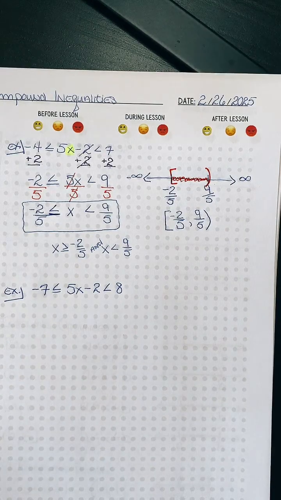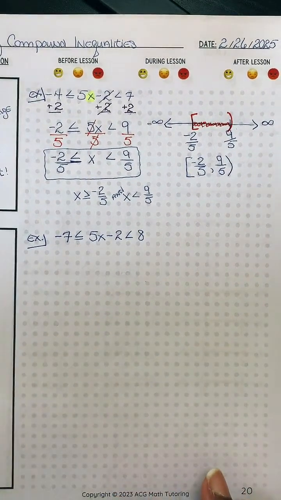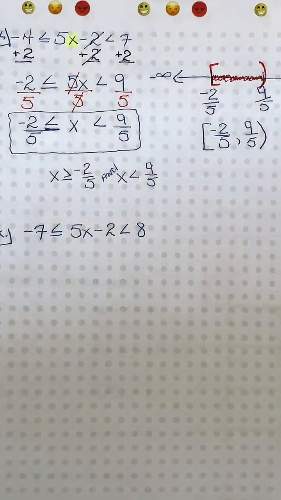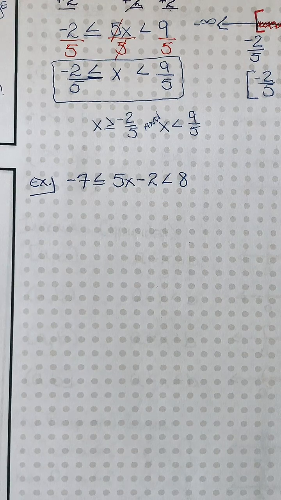Similar, but not quite. Let me raise it up a hair and zoom in a bit. Okay, so negative 7 is less than or equal to 5x minus 2, which is less than 8. Inequalities with a fraction, we can do that. That's actually coming up.